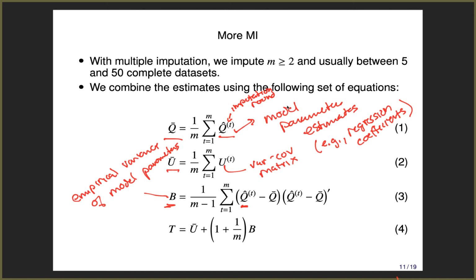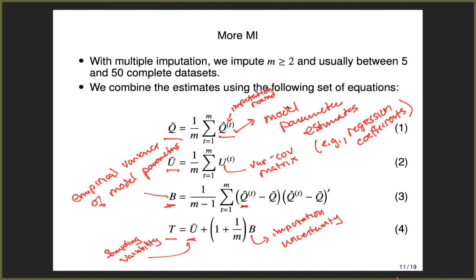U bar and B are both components of the overall variance. T, which we can define as sampling variability, plus B, which is imputation uncertainty.